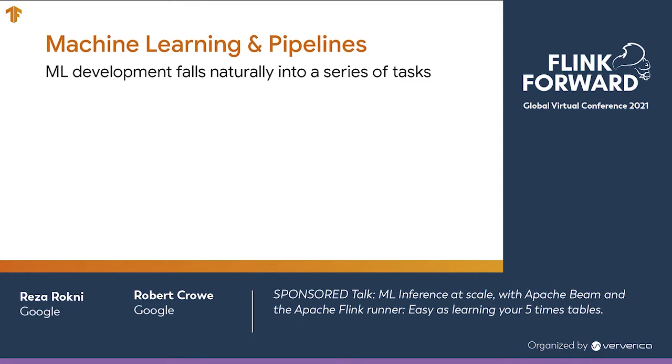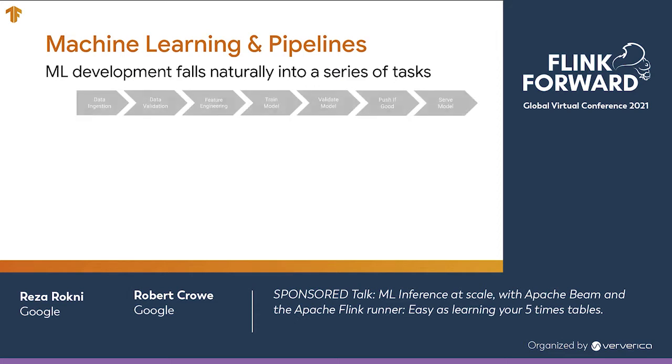So when you're doing machine learning, it naturally falls into a series of tasks. And these tasks are familiar to anyone doing machine learning. You're going to start with ingesting your data, then you're going to validate it, make sure that there's not issues with it.